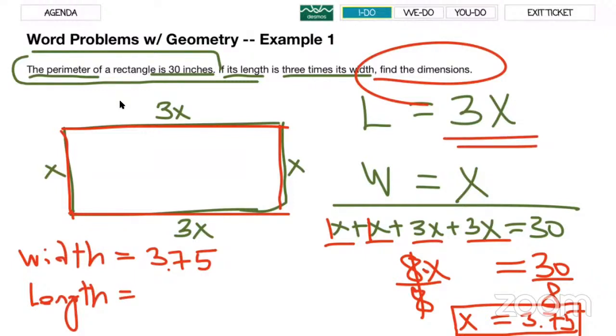And you need to multiply the value of the width by 3. So 3 times 3.75. If you multiply this together, you will end up with the result for the length. Okay, so you can use your calculator, but that's not the case for now. But in the benchmark, please make sure you do this.